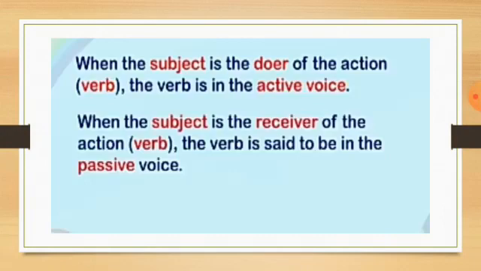So, when the subject is the doer of the action verb, the verb is in the active voice, and when the subject is the receiver of the action verb, the verb is said to be in the passive voice.